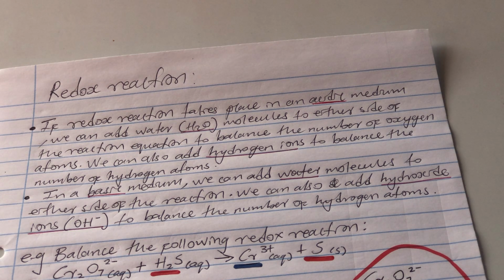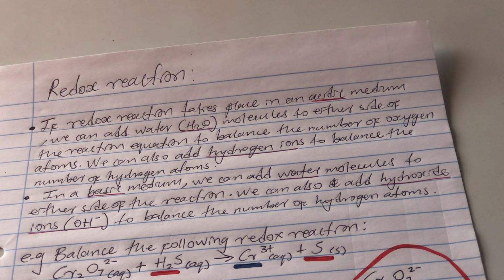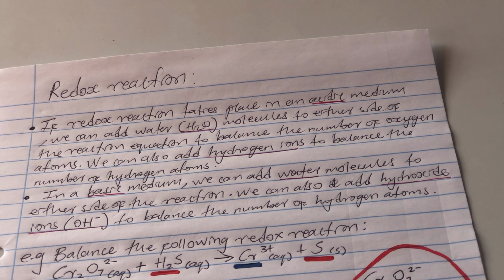So in this one, we are going to look at how we add water if the redox reaction takes place in acidic medium or in basic medium. If it is taking place in acidic medium, we will add water to either side of the reaction to balance the number of oxygen, and we will also add the hydrogen ion.